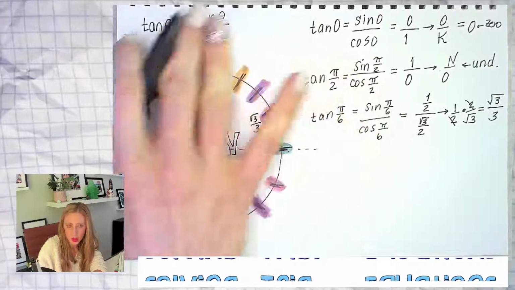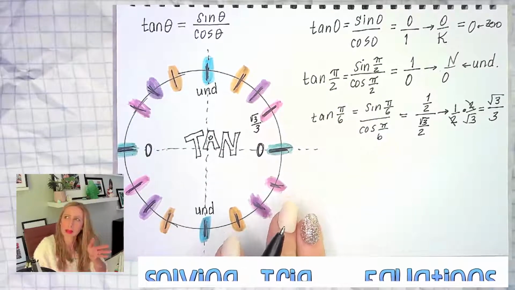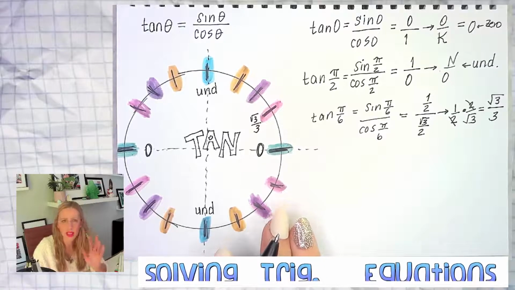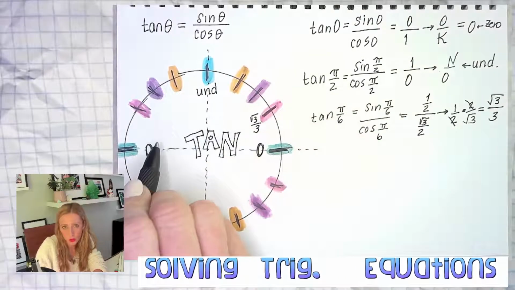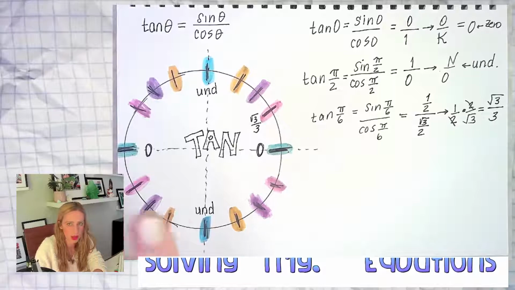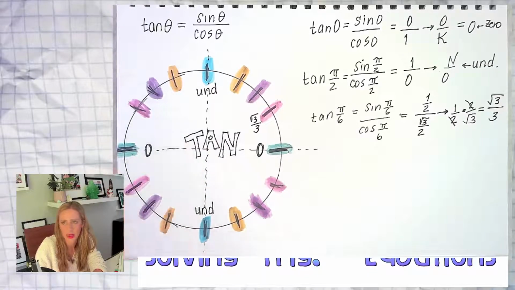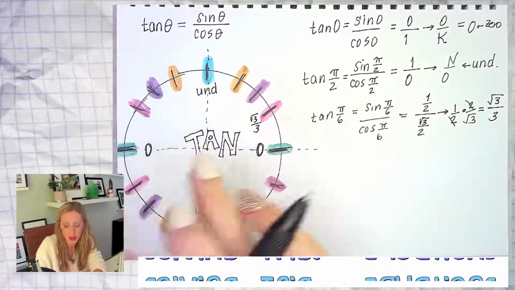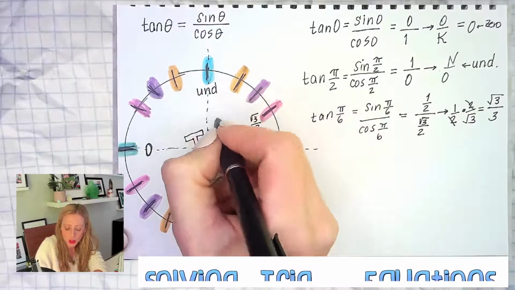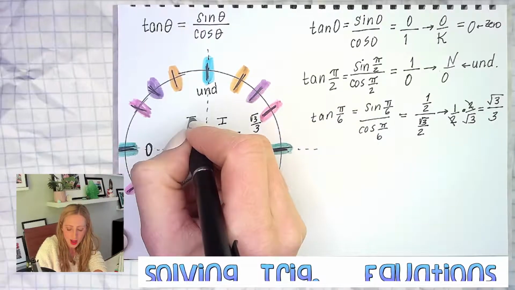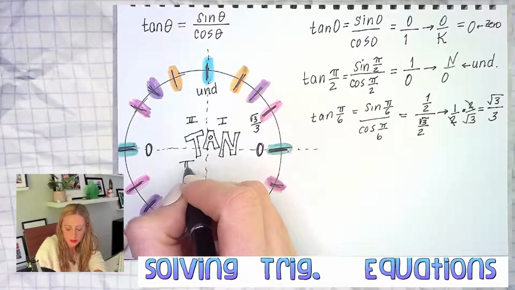However, we also need to remember back in like lesson 6, 7, 8, somewhere over there, we were going over quadrants where sine, cosine, tangent, secant, cosecant, cotangent are positive and negative. Does anybody remember which quadrants tangent is positive or negative in?